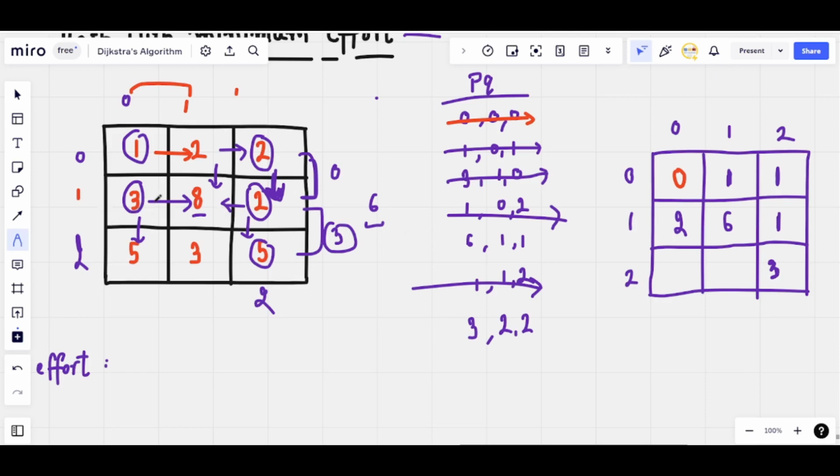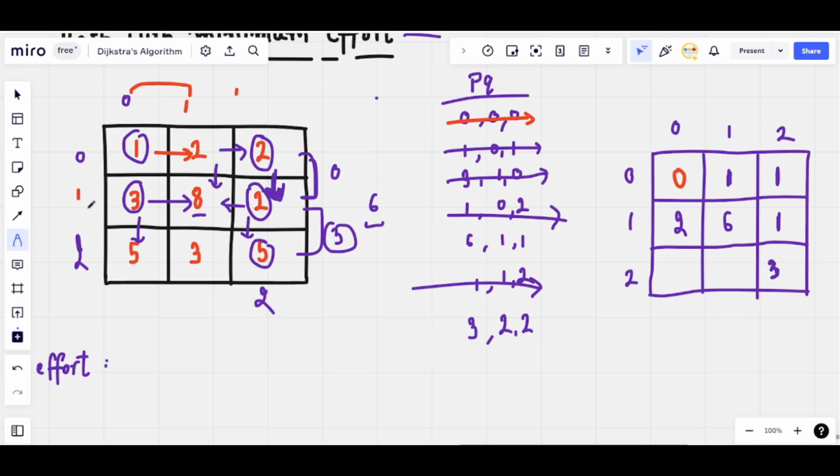That means to reach cell 1 1, we require 5 units of cost. Fine, for this transition from 1 0 to 1 1.